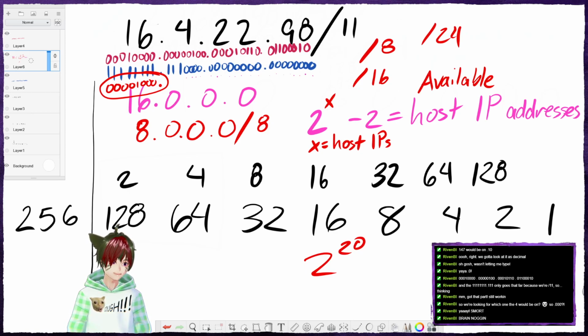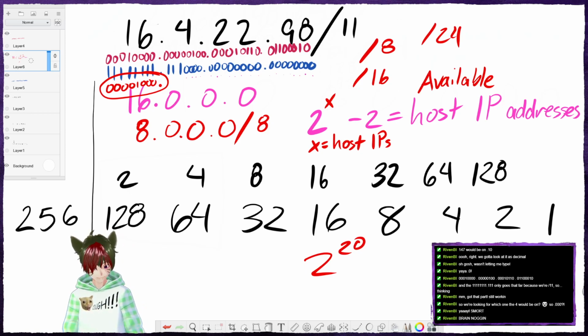Like Cox is 192, I think. Yeah, so they have a relatively classful IP address. But anyway, that is subnet masking in a nutshell.